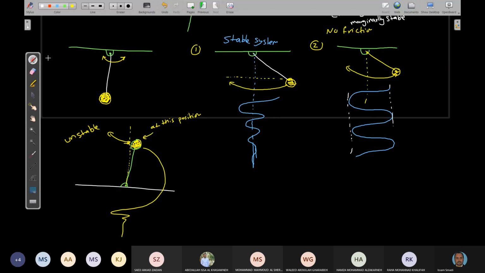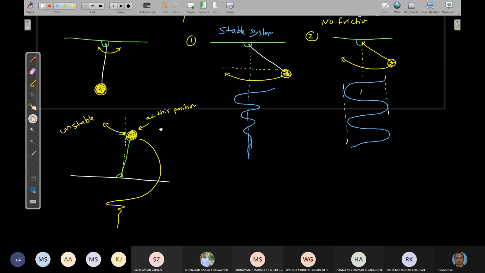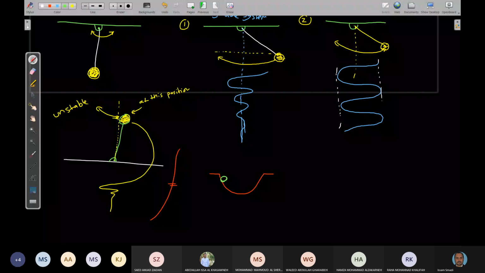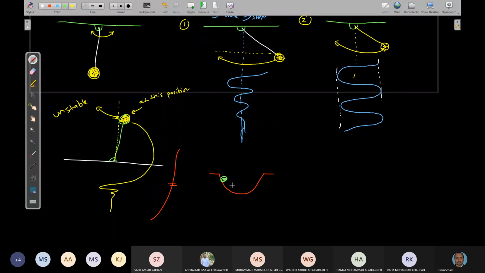Or if we need another example, let's assume we have, so this one is called an unstable system. Let's assume now we have the following example. This is a ball. Let's assume we have the following case, and here I'm having a ball. Now the same thing.